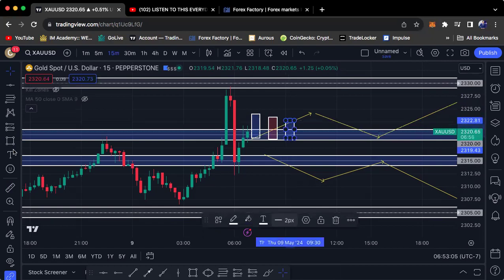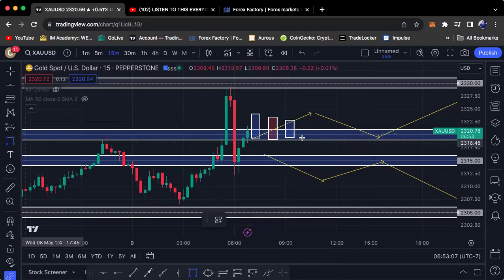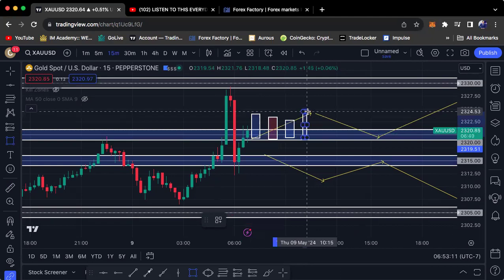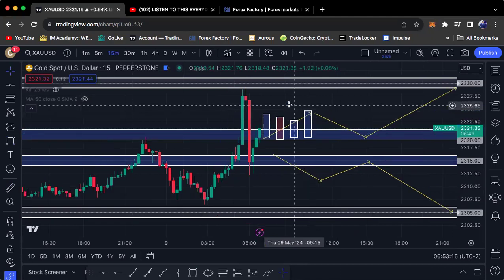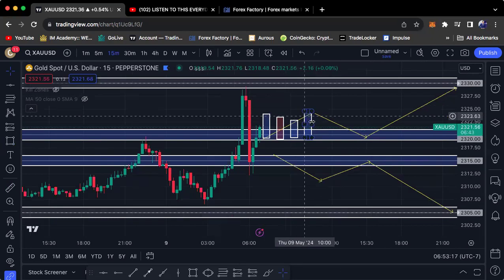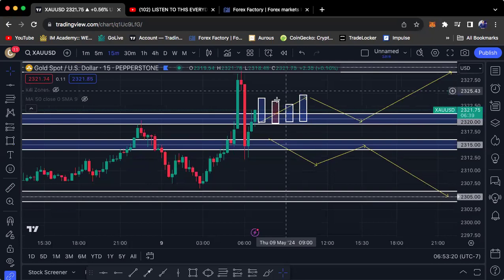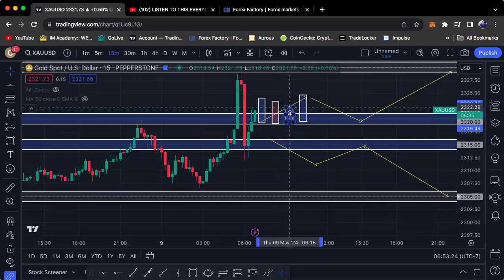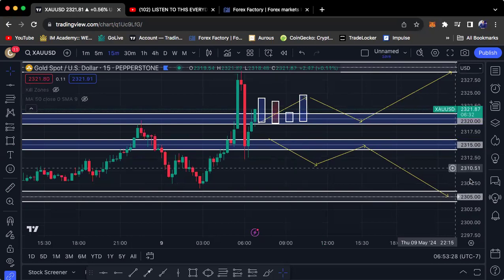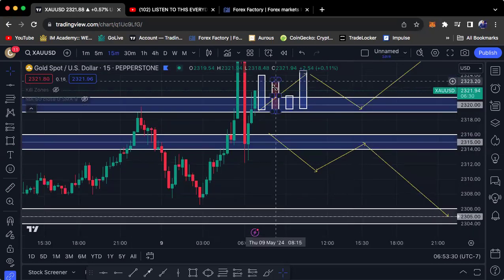And if you want to be more secure, then wait for the next bullish candle and just take the buy. If it does something like this, take that buy. But if not, let me make it more realistic here.